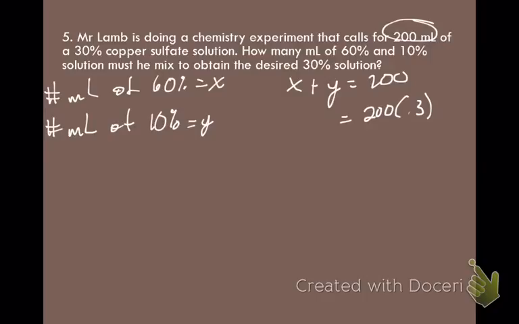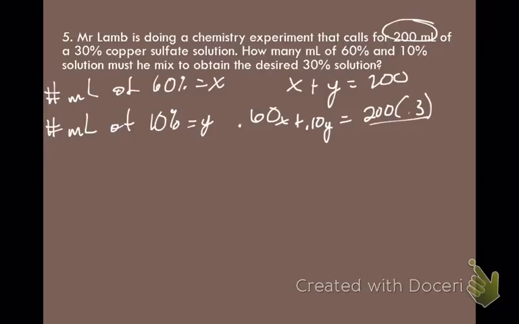And I'm going to do the same thing for the x and the y. Since x is the amount of milliliters of the 60%, I've got to multiply that amount by 0.60. And for the 10%, I've got to multiply the number of milliliters times 0.10. And there are my two equations, a lot like the milk example just a second ago.